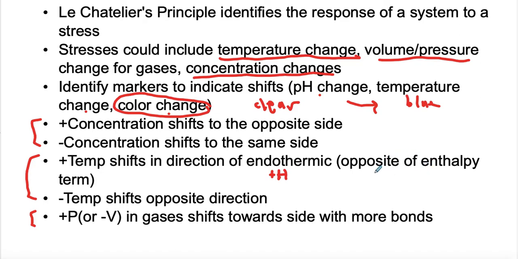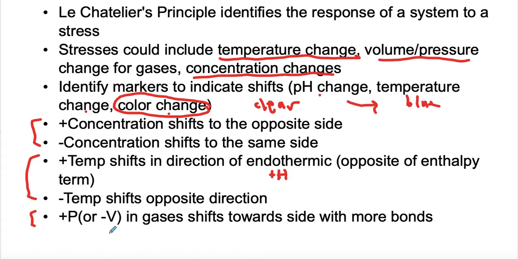If going reverse is endothermic, then it shifts the other way. If your delta H is a term on the reactant side, think of that as the start, and then the endothermic direction will be the other way. So if you have a delta H in the products, then you heat it up, it's going to shift to the reactants. So a negative shift shifts it in the opposite direction.